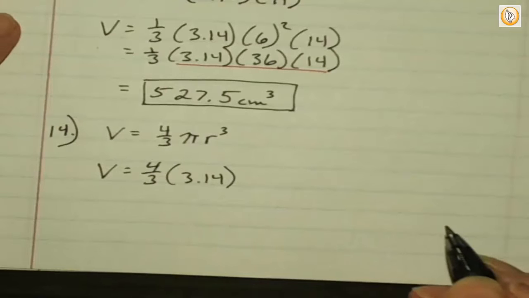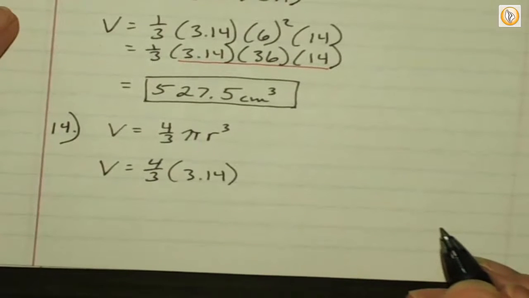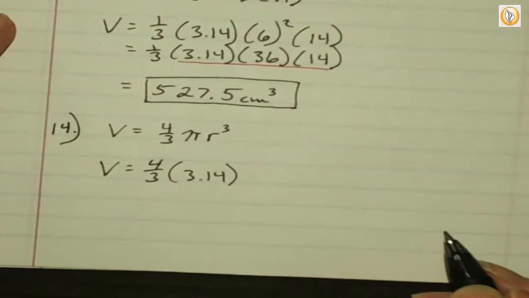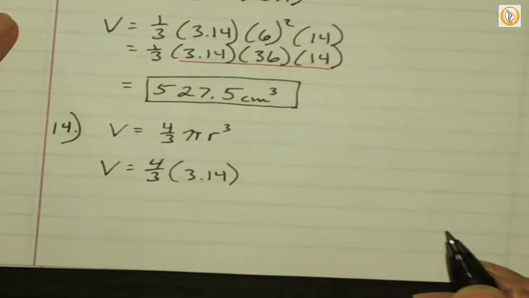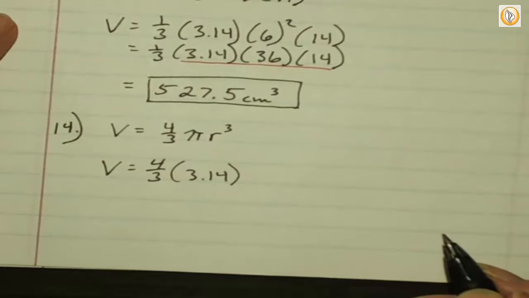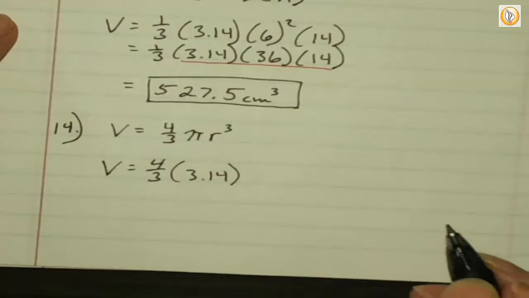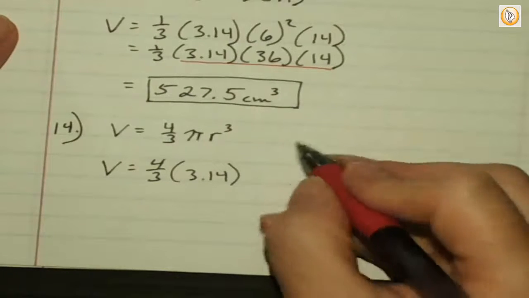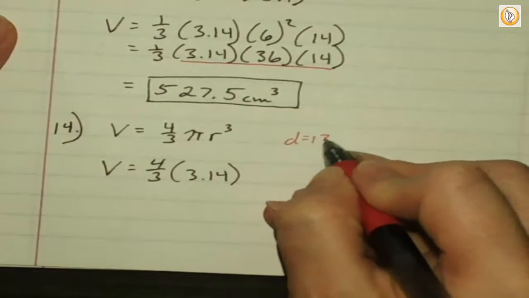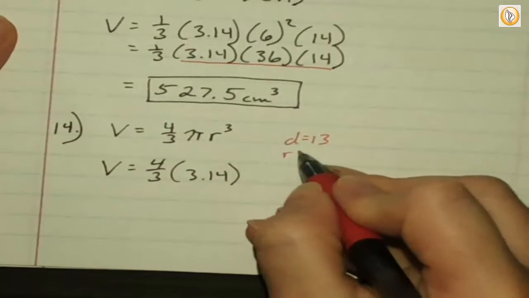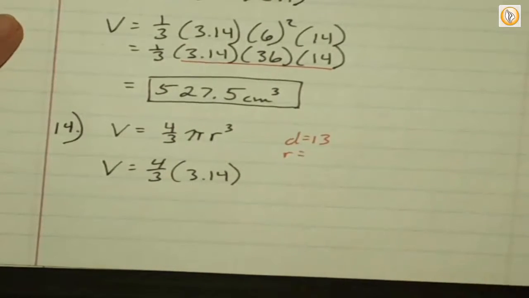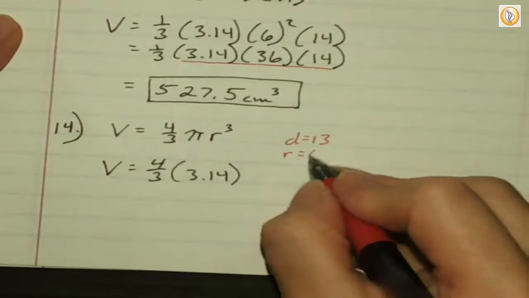What is the radius, Izzy? Is 13 the radius? 13 is the diameter. So the radius is half of that. That's right, 6.5.